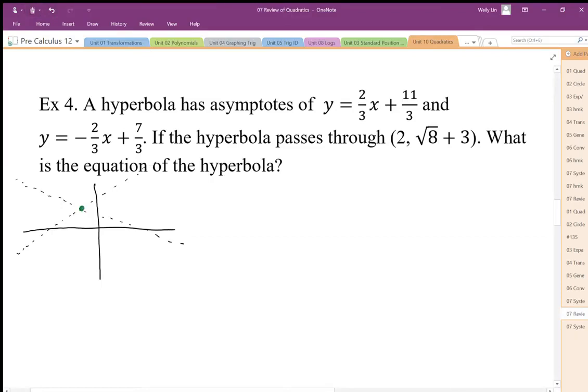We can find our center by making these equations equal to each other. So we end up with negative 2/3 x plus 2 equal to 2/3 x plus 11 over 3. Working this out, I'm going to subtract 11 over 3 from both sides, and add 2/3 x, so I end up with 4/3 x equals negative 4/3, so x equals negative 1.